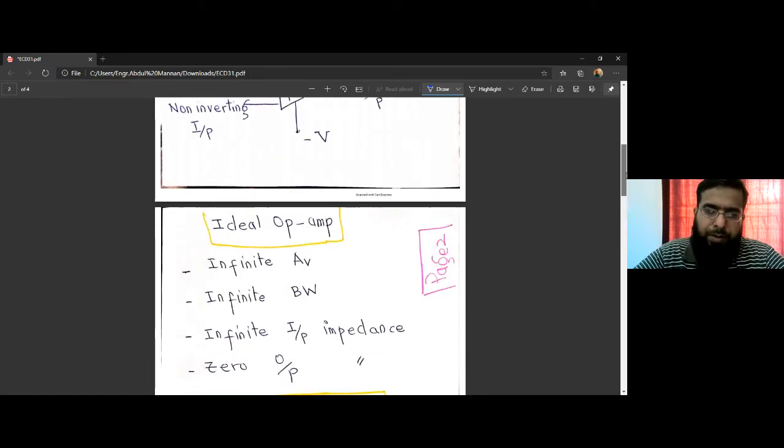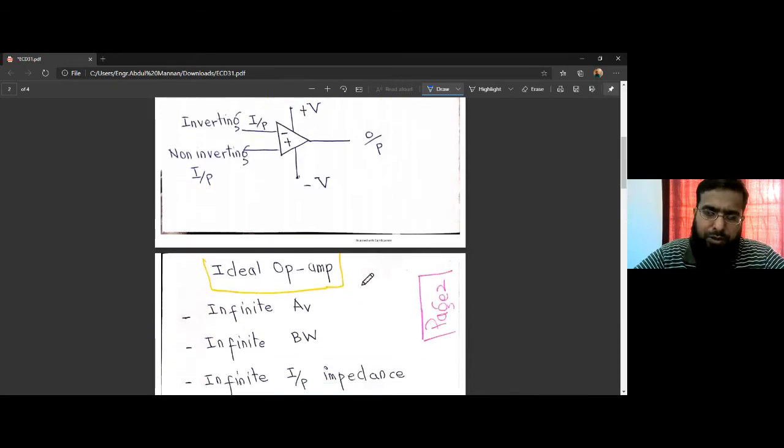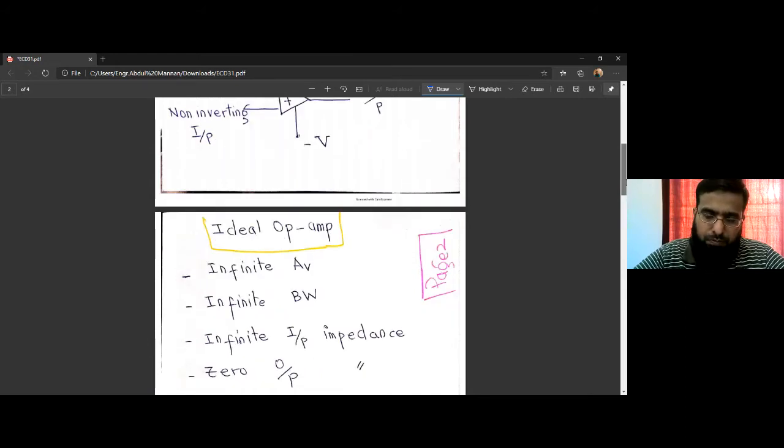So an ideal op amp circuit is a circuit that has infinite voltage gain, can work for all possible frequencies from just above 0 Hertz to infinite Hertz, and has a very large input impedance, ideally infinite, so that it does not load the preceding stage, the stage that is driving it.